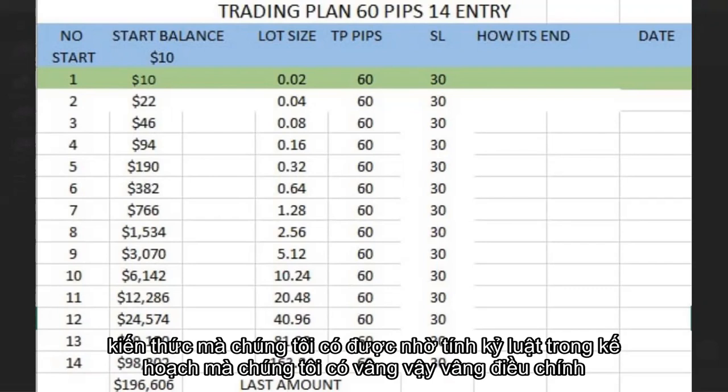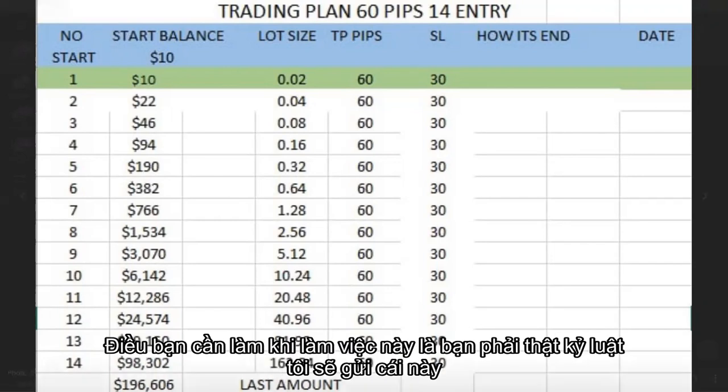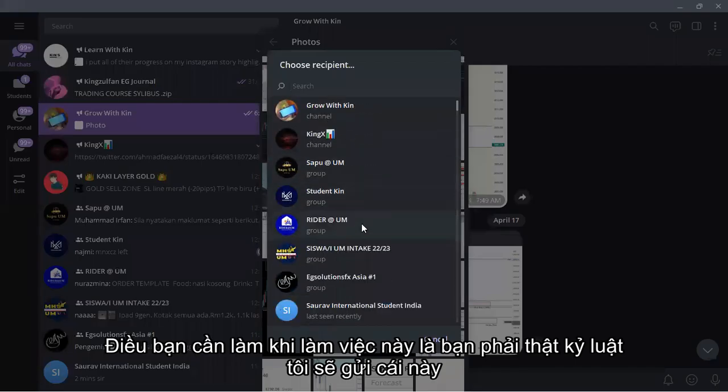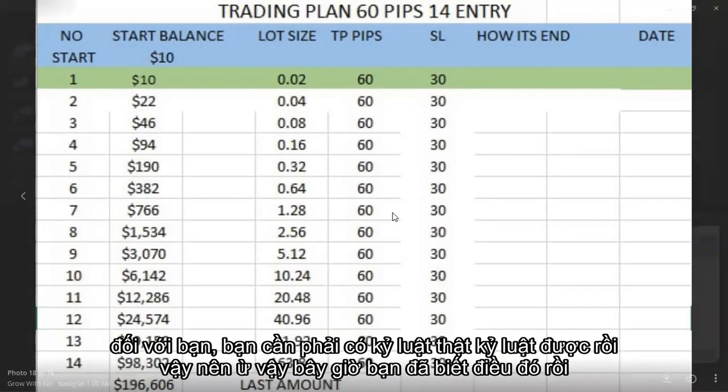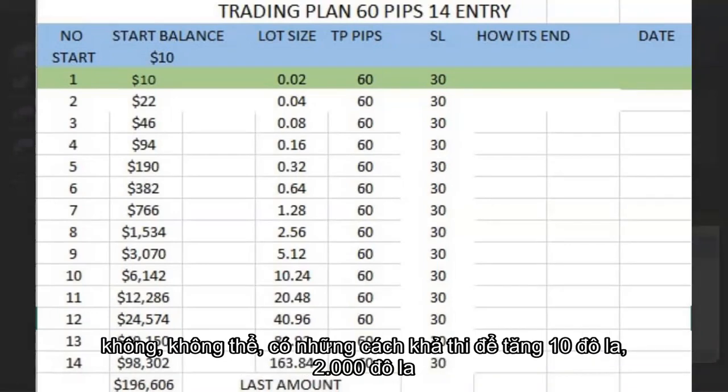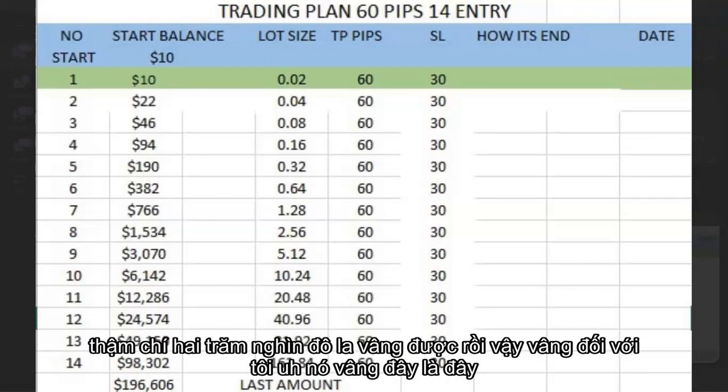So the main thing in doing this is you need to be so disciplined. Okay, I'm going to send this to you. So now you already know there are possible ways to grow $10 to $1,000, even to $100,000.